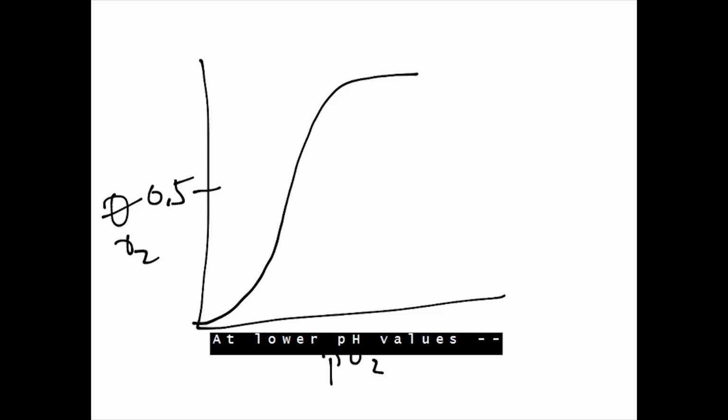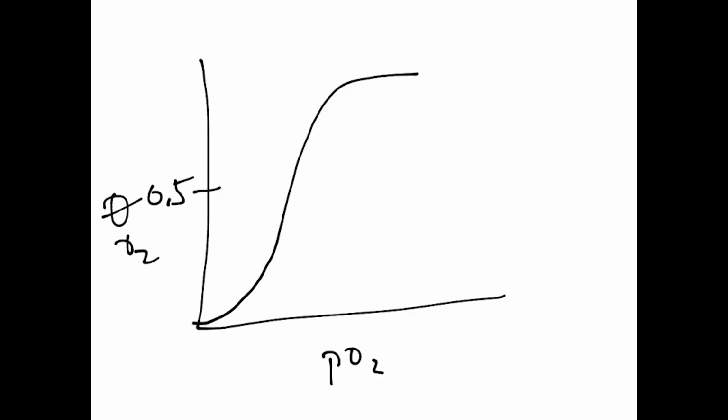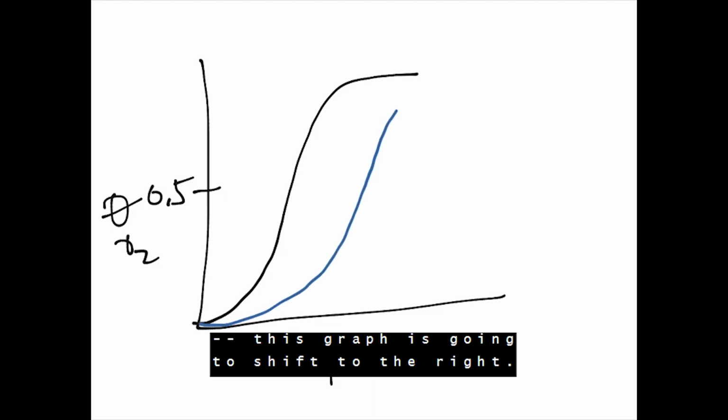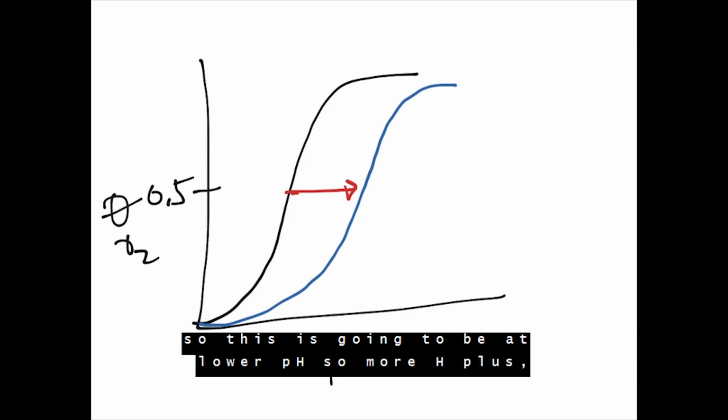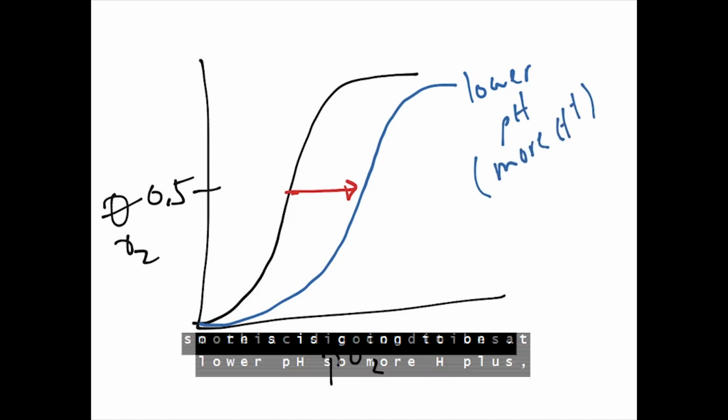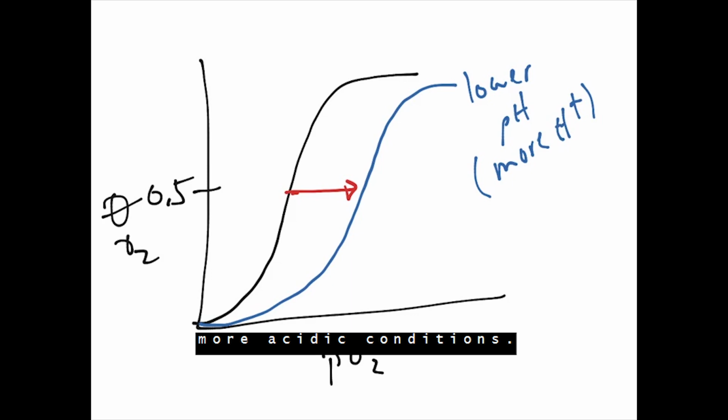At lower pH values, this graph is going to shift to the right. Okay, so if we shift to the right, this is going to be at lower pH, so more H plus, more acidic conditions.